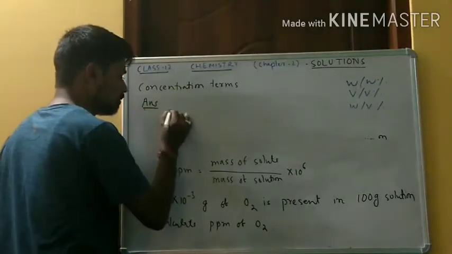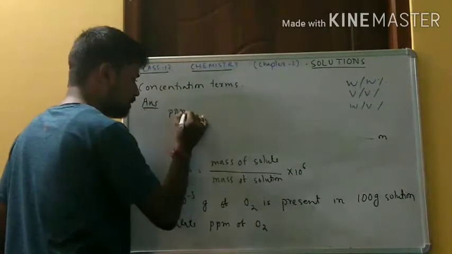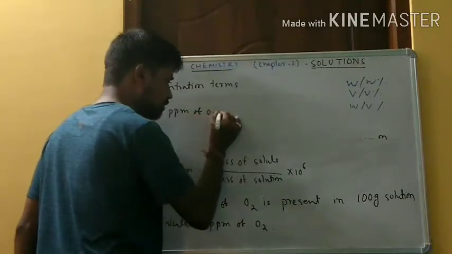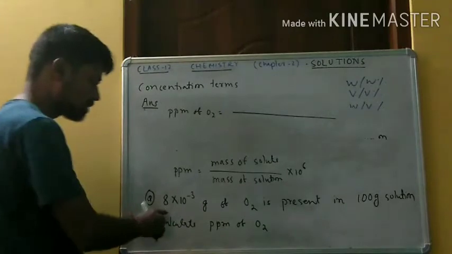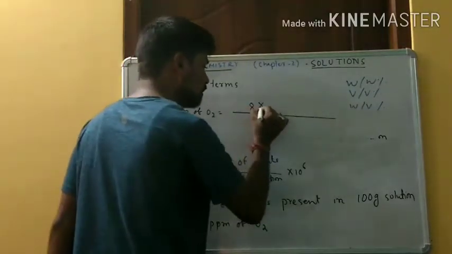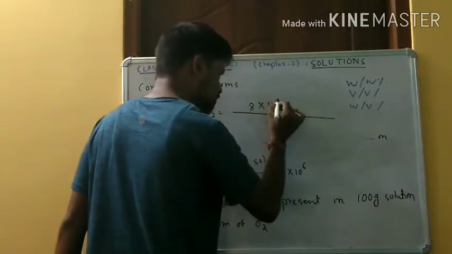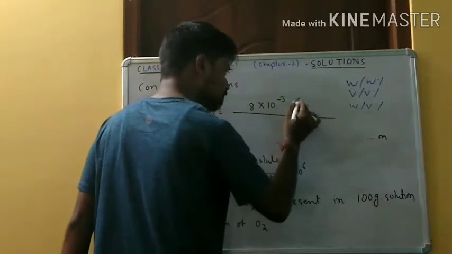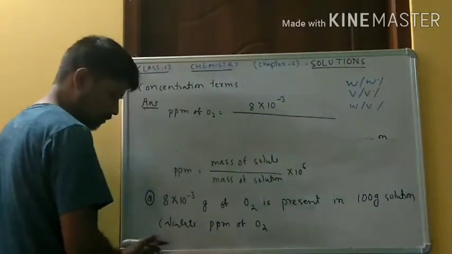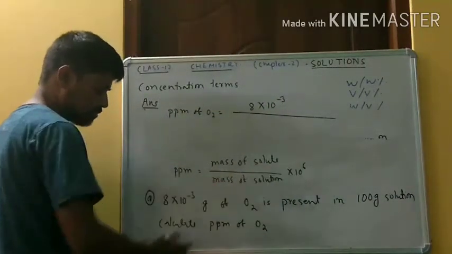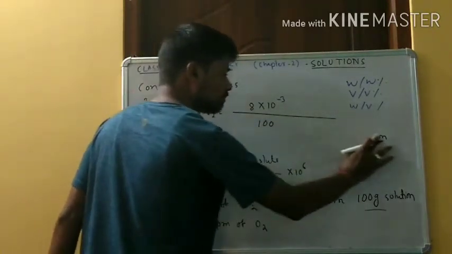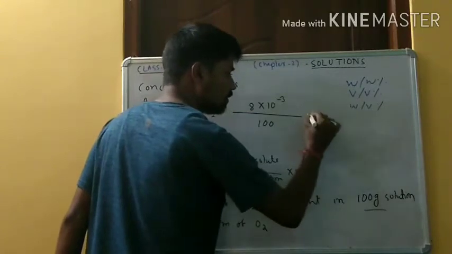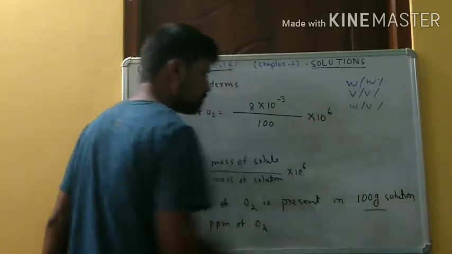The answer: parts per million of oxygen equals mass of solute, which is 8 into 10 to the power minus 3 gram, divided by mass of solution, 100 gram, into 10 to the power 6, which comes from the formula.